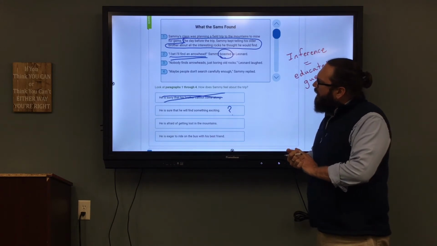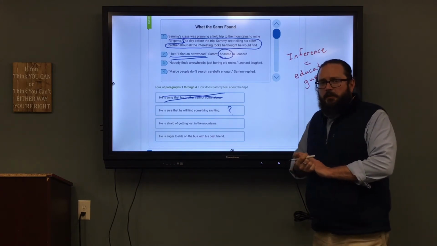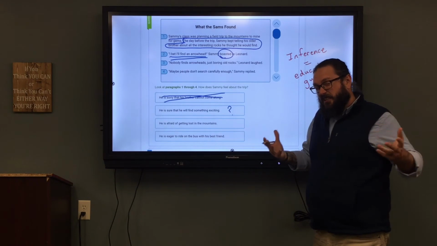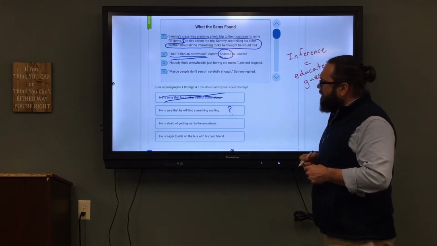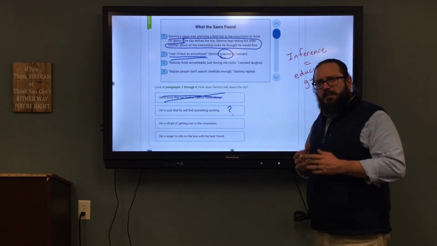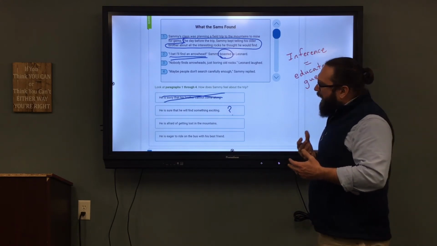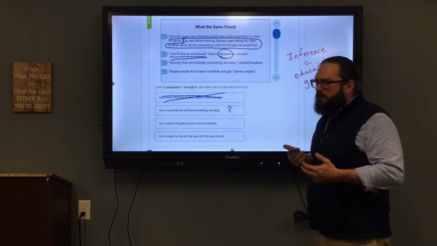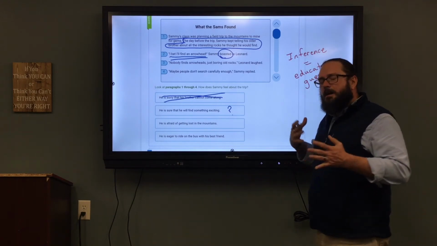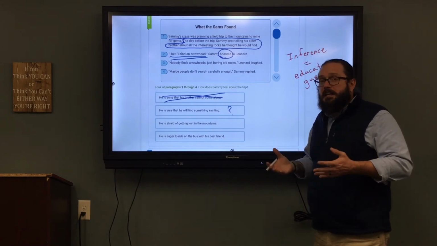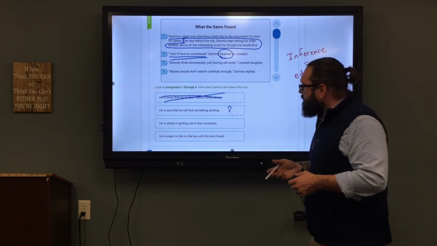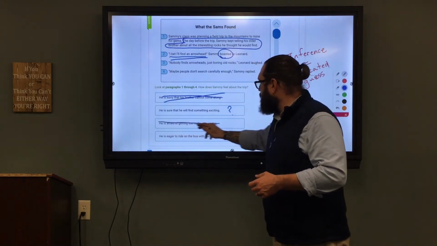When we look at the dialogue and consider how Sammy does seem to be excited, do you really think that he's afraid of getting lost in the mountains? I don't get that sense when I read it, so I cannot, with confidence, make the educated guess that he's afraid of getting lost. So we can rule that one out.